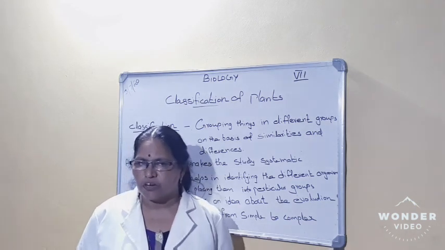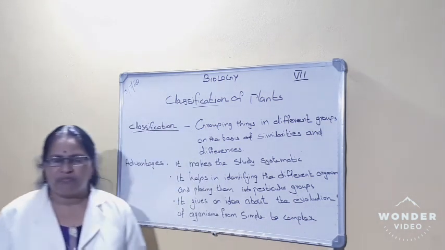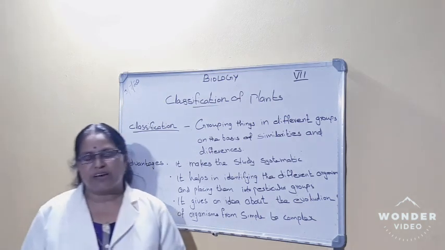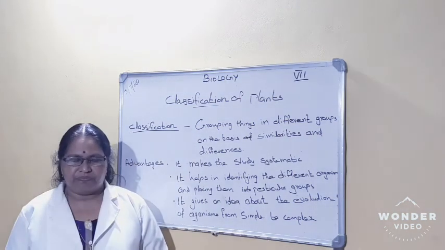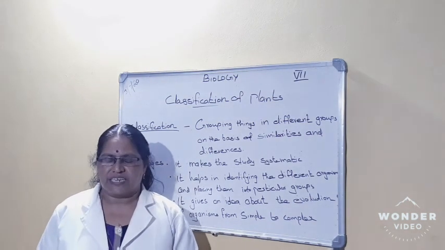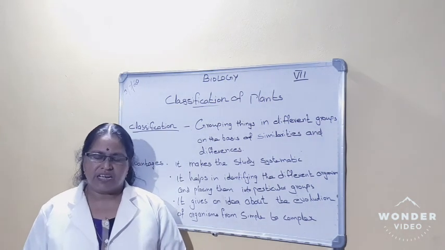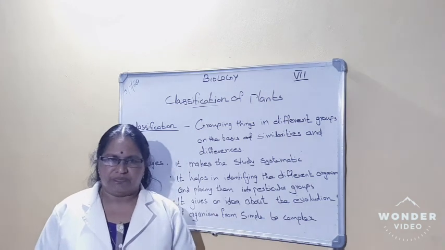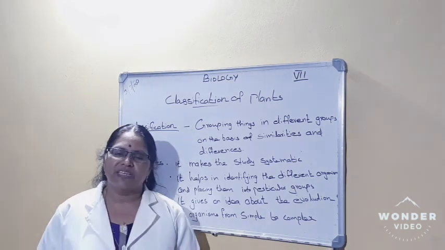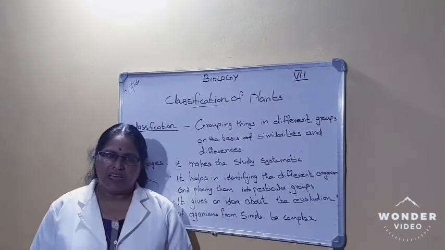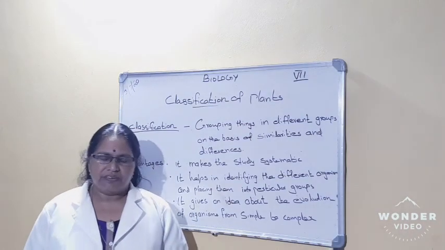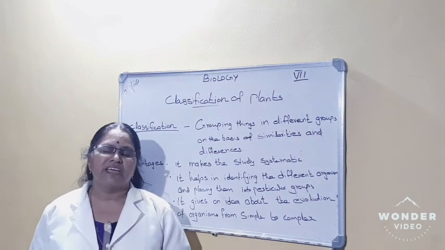Okay, shall we go to the topic? Classification of plants. That is the second chapter in your biology textbook. Classification. What do you mean by classification? Classify the things. Why do we classify the things? Just think that there are so many things around us.